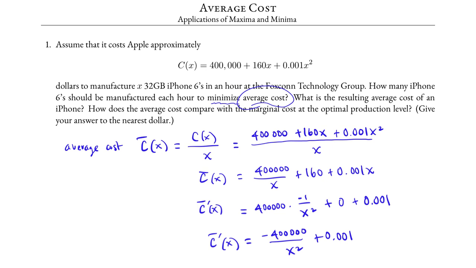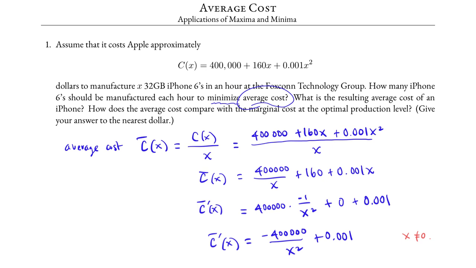Before we find any critical number for this function, observe that the derivative is not defined when x is 0. If x is 0, then we have 0 in the denominator.